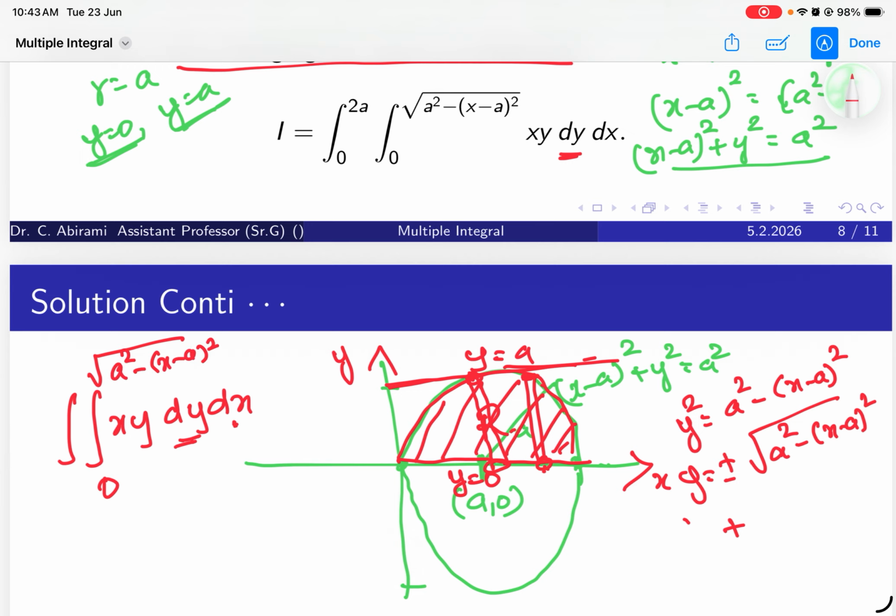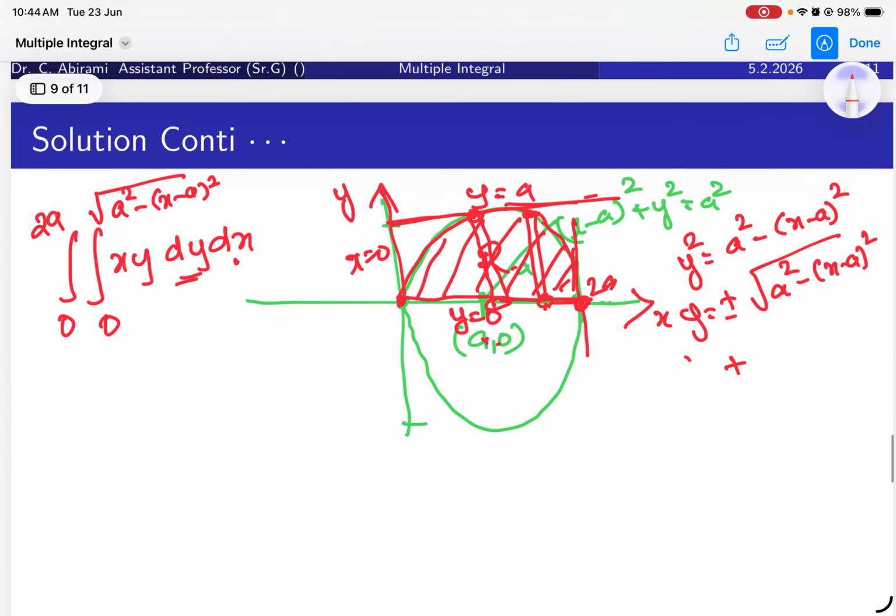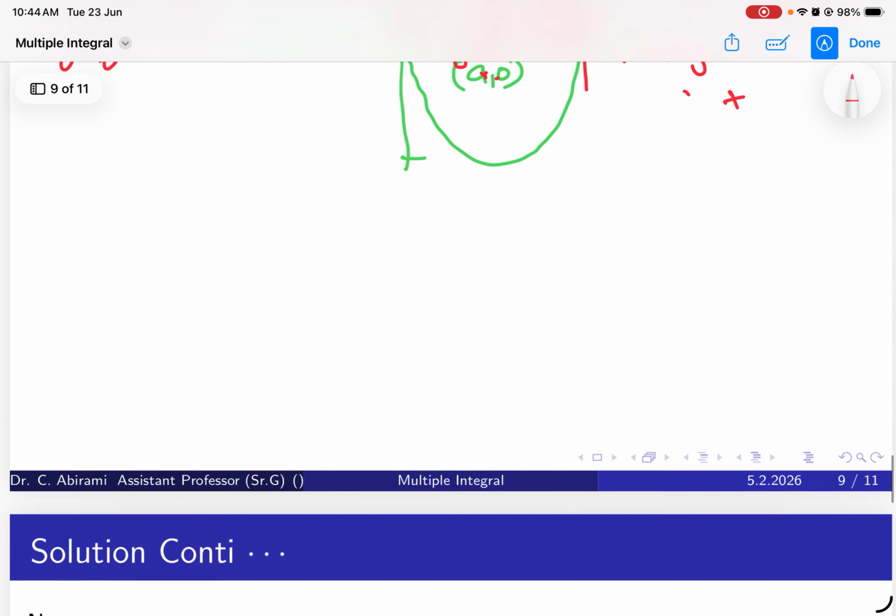And then you have to move the strip from left to right. What about your left? This is x is equal to 0. What about your right? x is equal to a? Not a, 2a, because center at (a, 0) and radius is a. So 0 to 2a. This is your required limit.